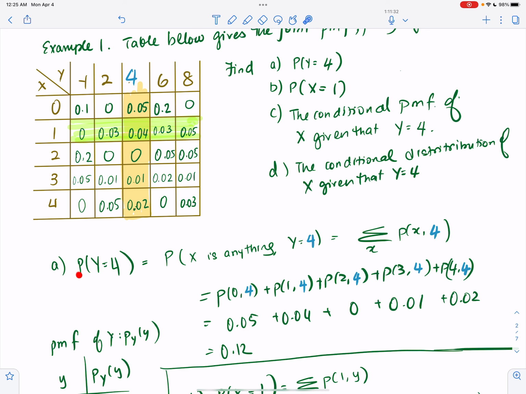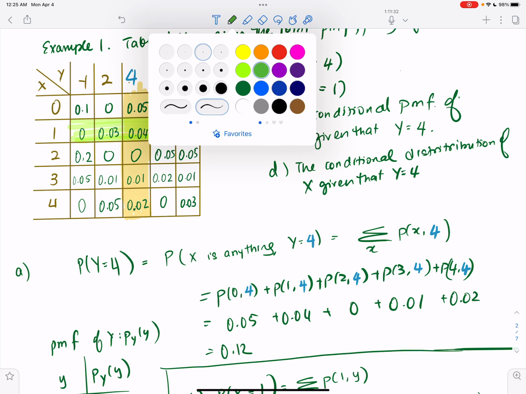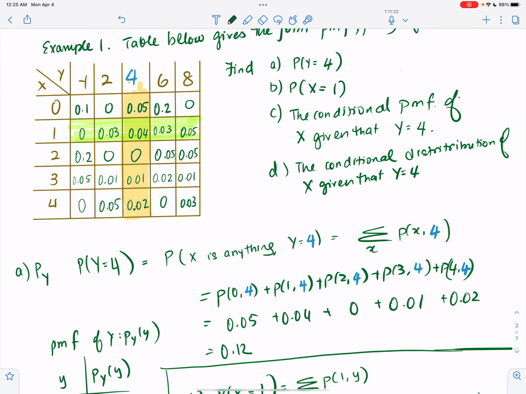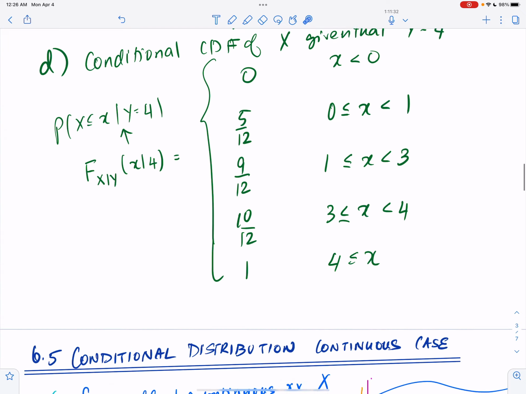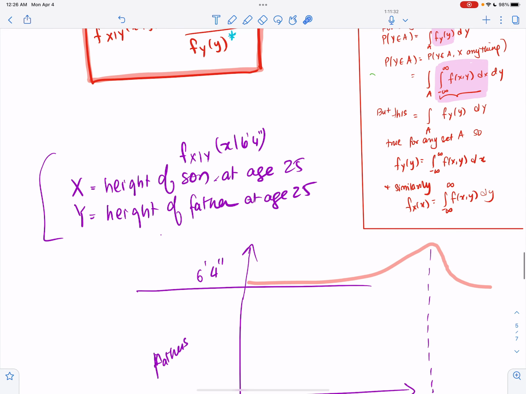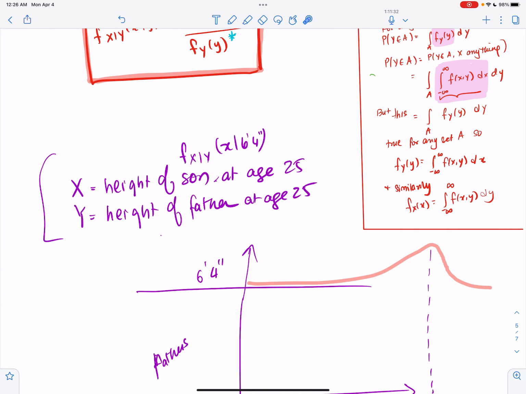One more thing: over here, we are talking about the probability mass function of y at 4. This is the probability y equals 4. X is anything, y is 4, and you just add up over all the different values of x. In our continuous situation, you integrate over all the different values of x.